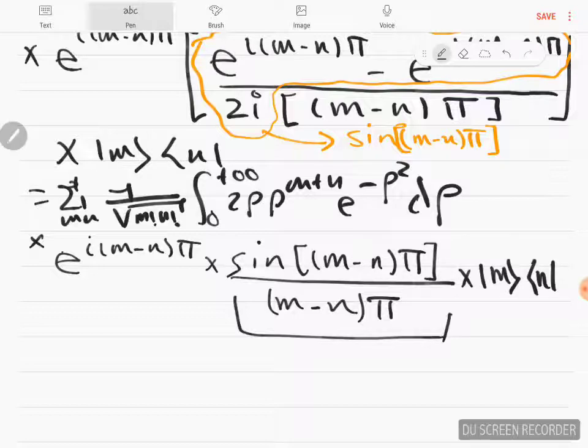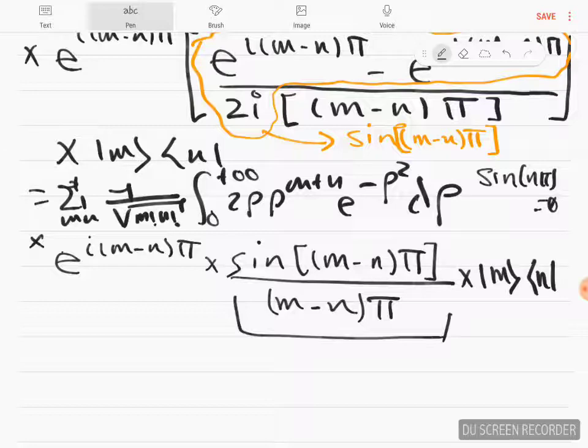The subtraction of two integers is an integer. So you can choose m and n however you want, and this will always be an integer of pi, a positive or negative integer of pi, it doesn't matter. But the sine of any integer of pi is equal to 0. So in principle, they should vanish, but it actually doesn't vanish, but only in one case.